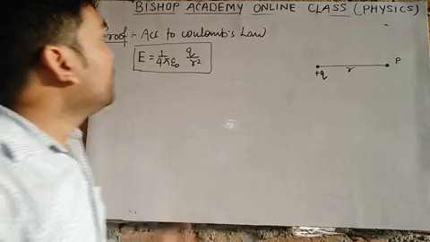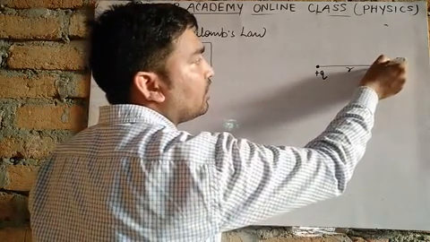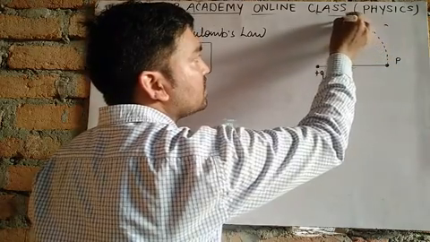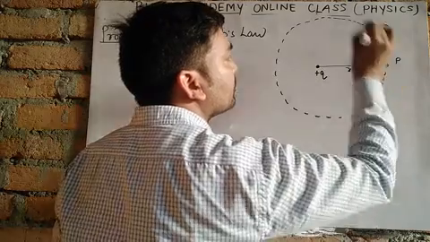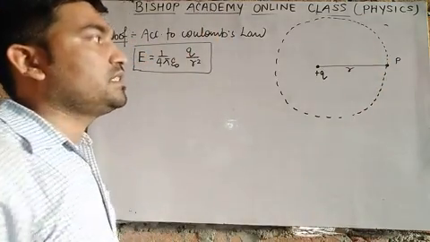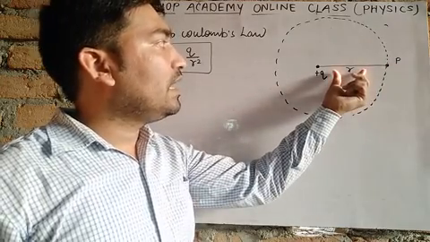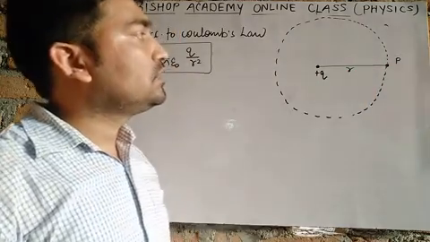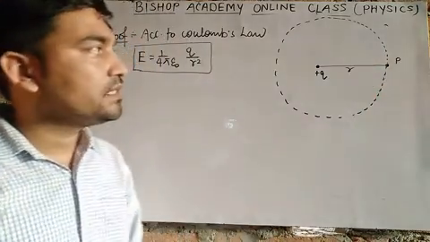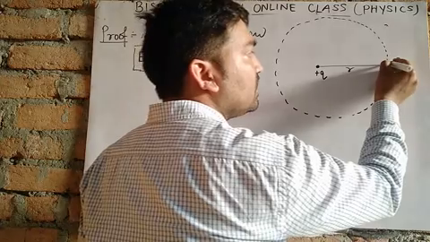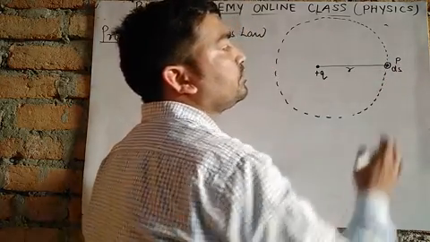Now, by using Gauss theorem, first of all, we have to take a closed surface which is spherical in form and having a small radius. That's why the point P lies on this spherical surface, and we take a small amount of area which is called ds.